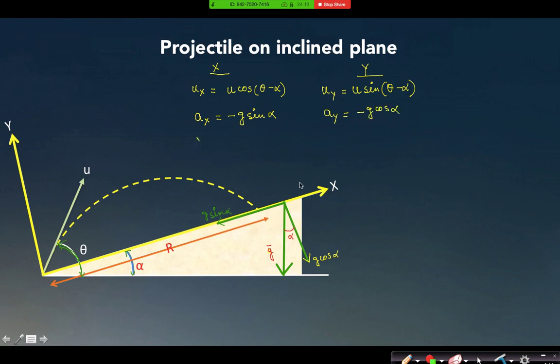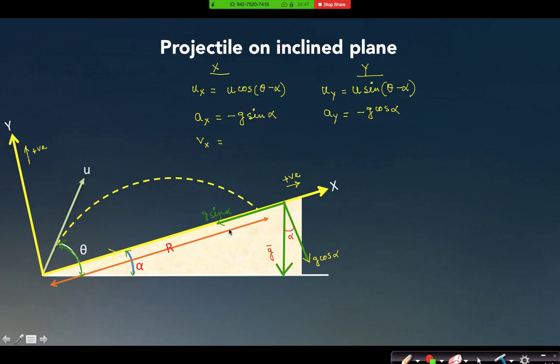Now can I write the velocity along the x-axis after a time t? First, can you explain why it is minus g sin alpha? Because I have taken this to be my positive axis. Along this line, all the vectors I have taken positive. That is why I have written ux to be positive u cos theta minus alpha, because the component of u along this line is along the positive x-axis. So all the opposite vectors have to be taken negative.